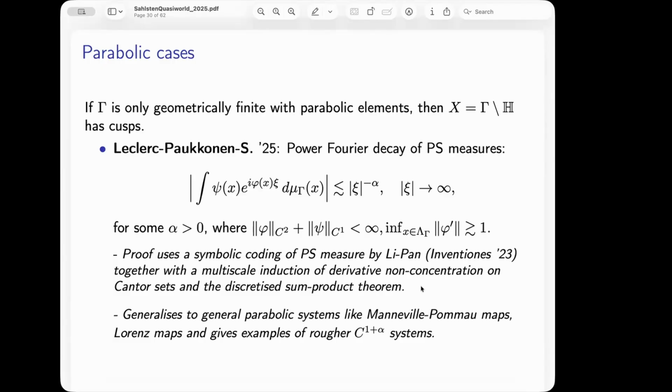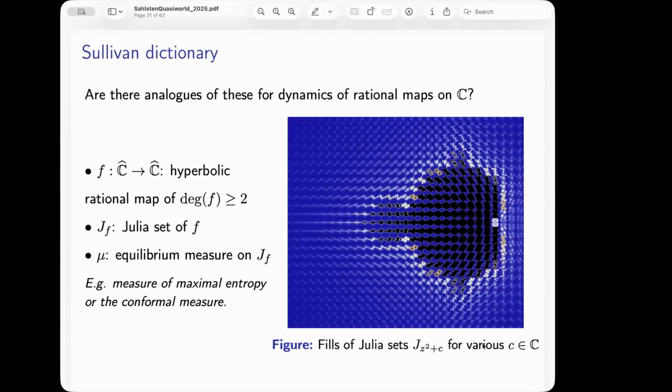So it's really more about whether you have this kind of Gibbs structure. And this becomes important when I want to talk about the possible analogues for more general maps in quasiconformal geometry.